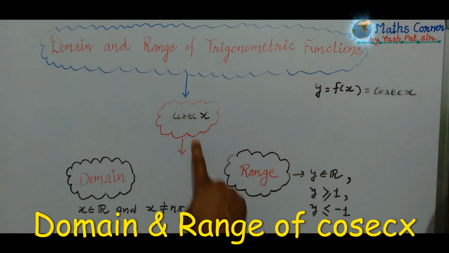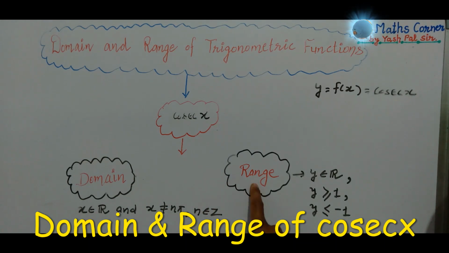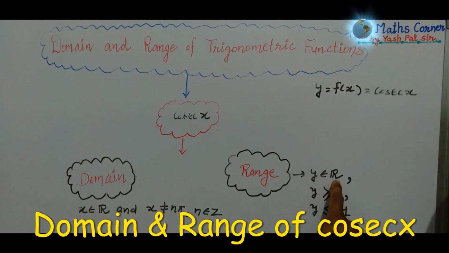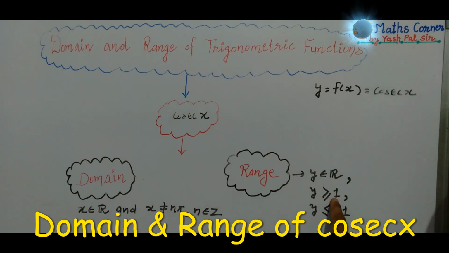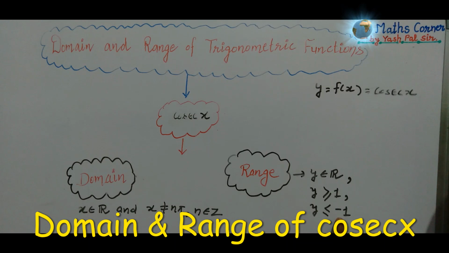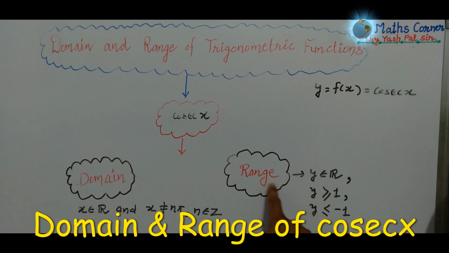This takes the value infinity. So this is the domain. Likewise, what is range? That is, what is the value of y? Here y can take all the values of real numbers, but only greater than or equal to 1 and less than or equal to minus 1. Only these values can take this y. So this is the range of cosecant x.